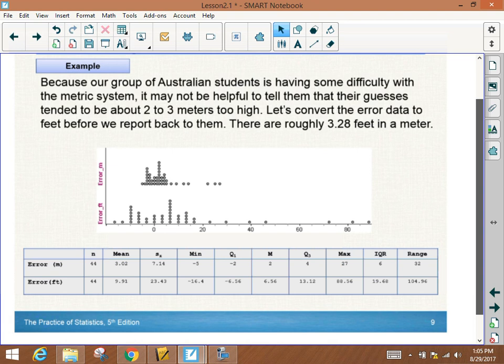So it appears that our top graph is actually in meters. So that's the distribution that we began with. And then when we're converting to feet, we're going to multiply that by a factor of 3.28.